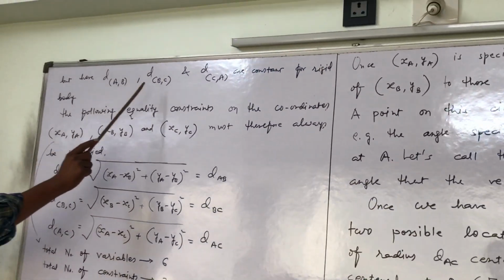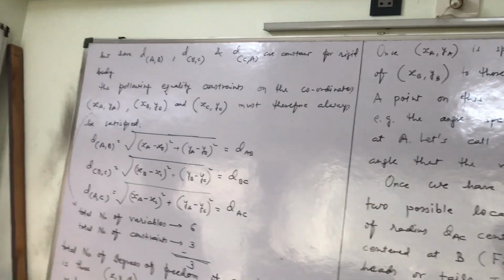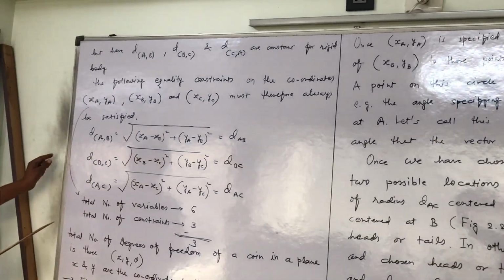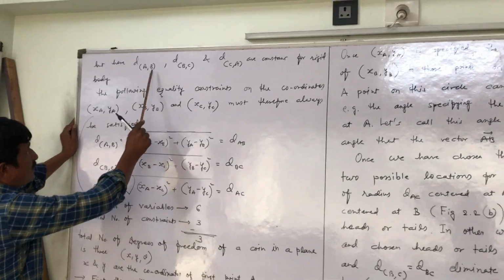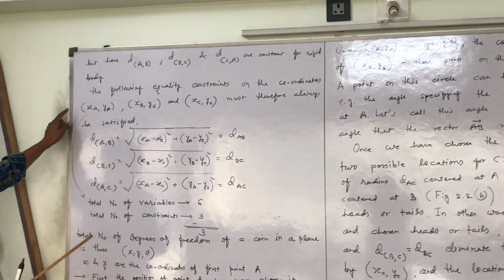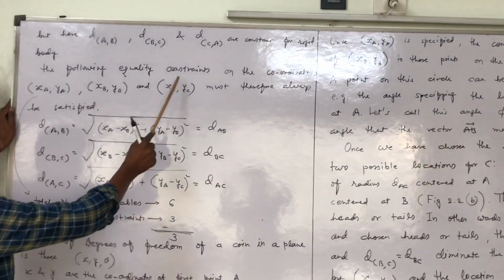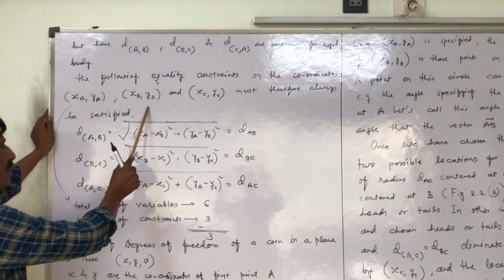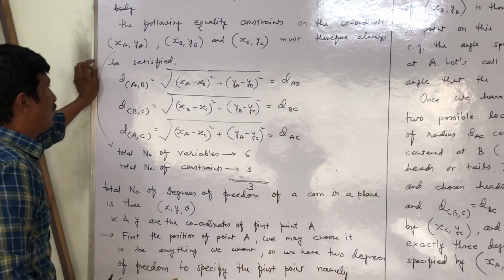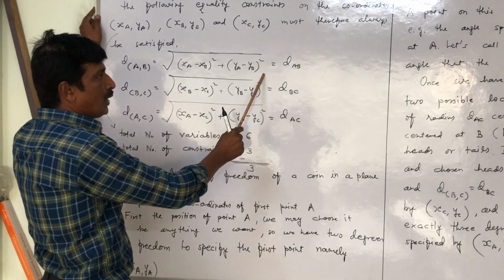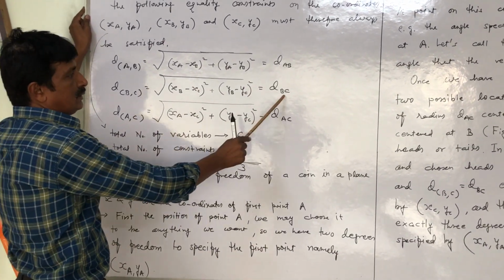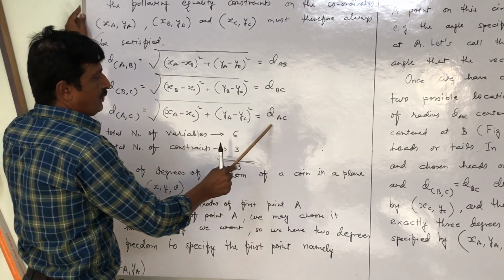here DAB, DBC and DAC are constant for a rigid body. No matter where the coin is, these distances remain fixed. So the following equality constraints on the coordinates xa, ya, xb, yb and xc, yc must always be satisfied. DAB is this fixed distance formula, DBC is this distance formula, and DAC is this fixed.